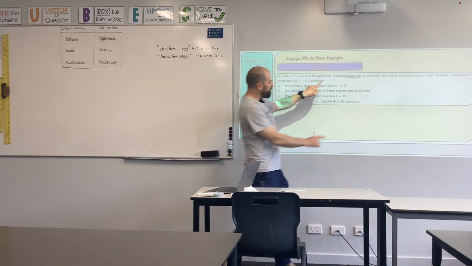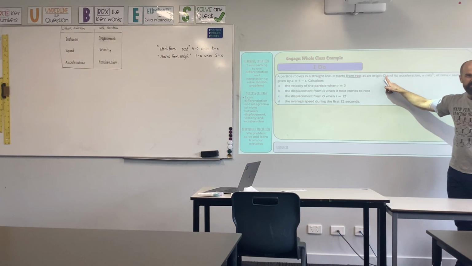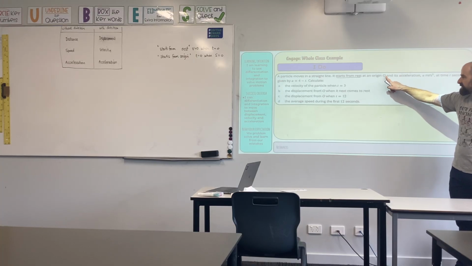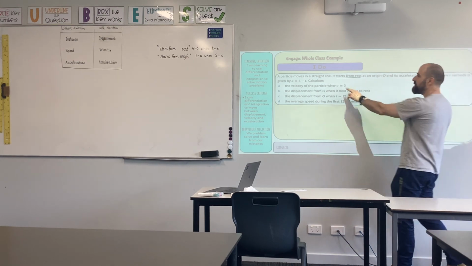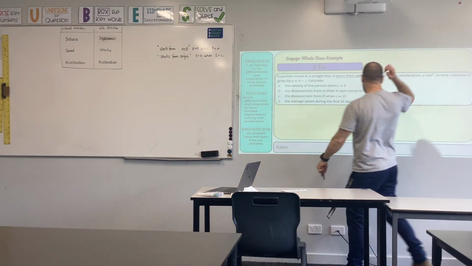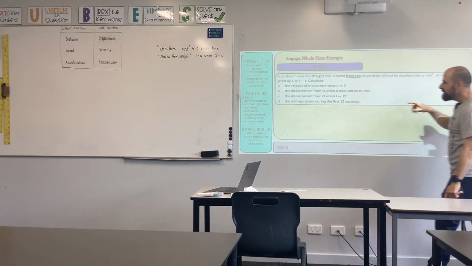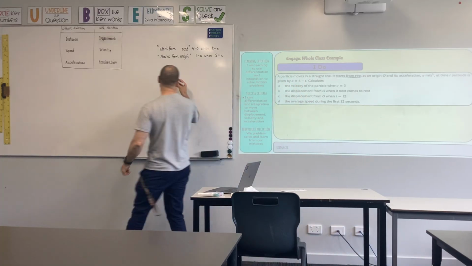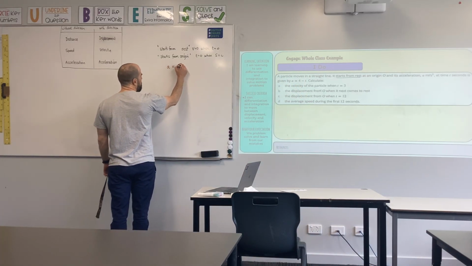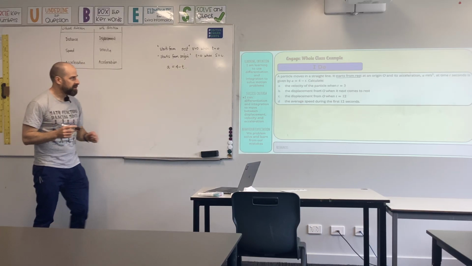So this little sentence is actually a whole heap of information that we can apply specific numbers to in kinematics. We have to be able to pick out that language and get the numbers from it. All right? And its acceleration, a meters per second squared, at time t seconds, is given by that. All right, so this is our key information.